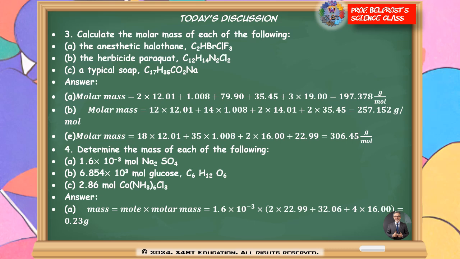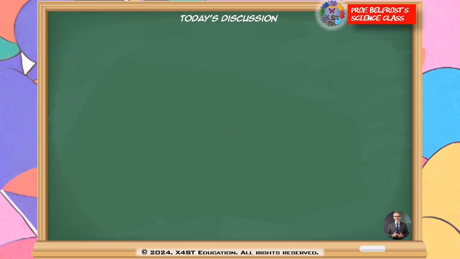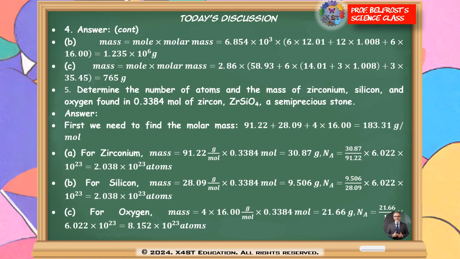So first you need to find the molar mass of the compound, then multiply it by its mole amount. Very simple. It's easy. So here's A, here's B, and here's C.